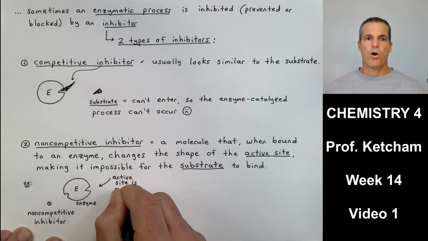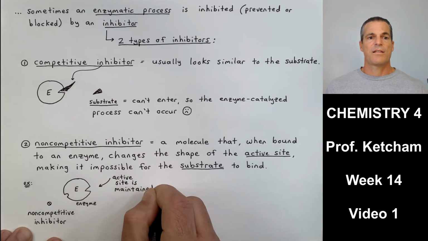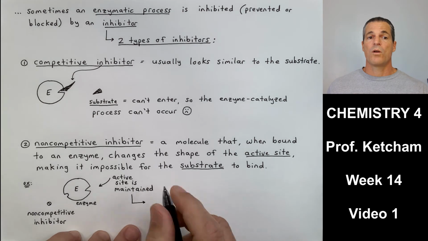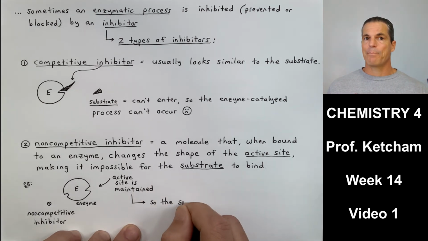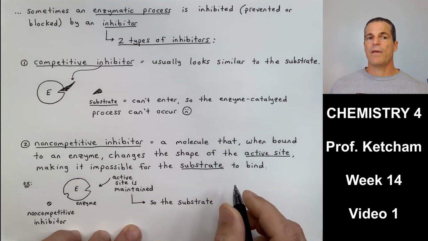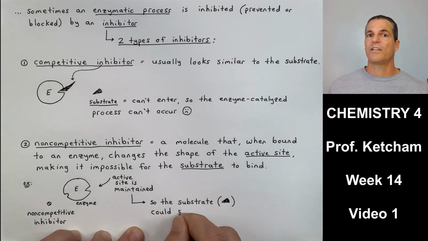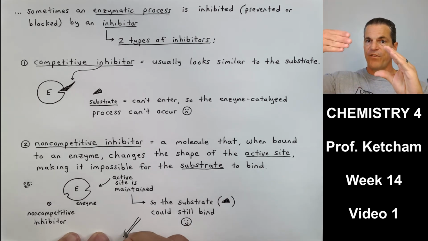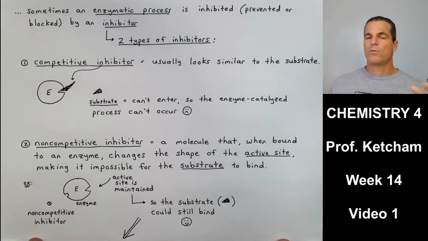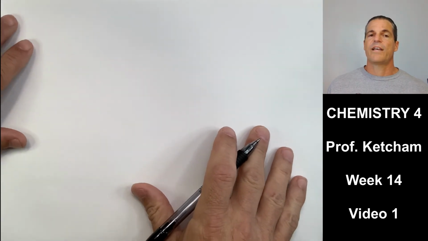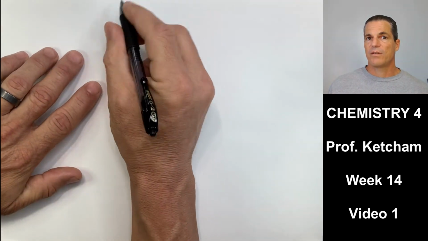So you see that little opening on the enzyme I've drawn? That's kind of like the non-competitive inhibitor. When he binds to that little gap right there, that is going to make the little Pac-Man mouth, the little active site, look different. And if it looks different, and if it no longer looks like it can fit a pizza slice perfectly, well, the substrate won't bind. So that's an example of non-competitive inhibition.